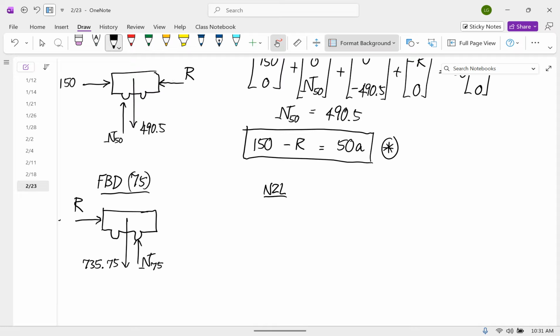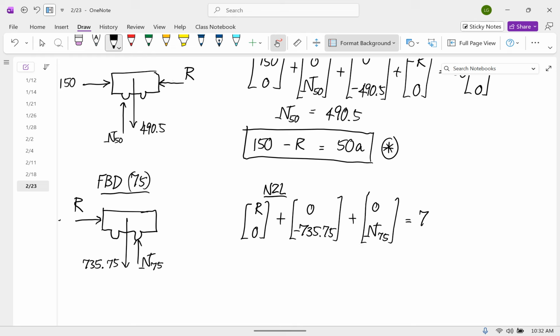So Newton's second law says positive R, 0, plus 0, negative 735.75, plus 0, N75 is equal to the mass times the acceleration.